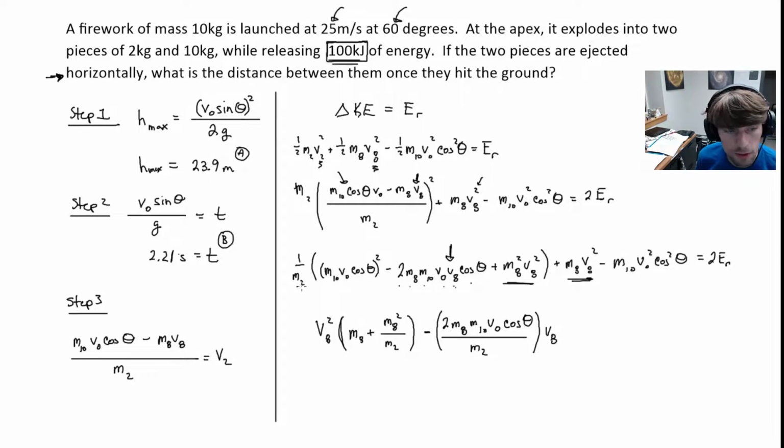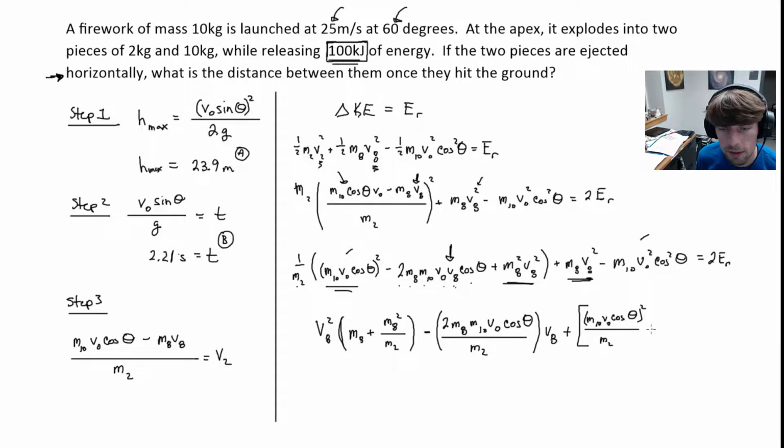Next, well, we got this rigmarole. We have plus this piece, m10 v naught cosine of theta, that whole rigmarole squared, divided by m2. I'll put this in a square bracket for a moment. That takes care of this piece right here.